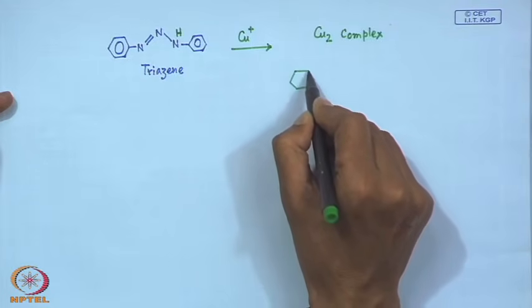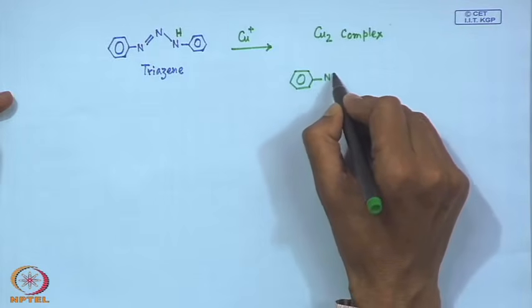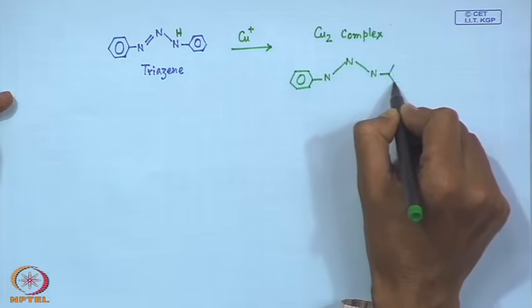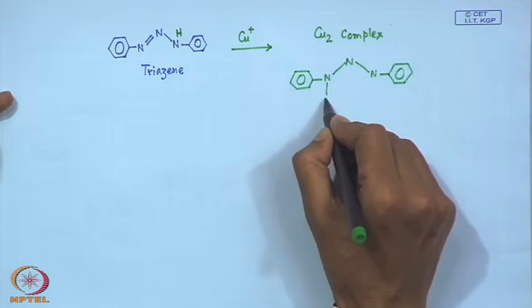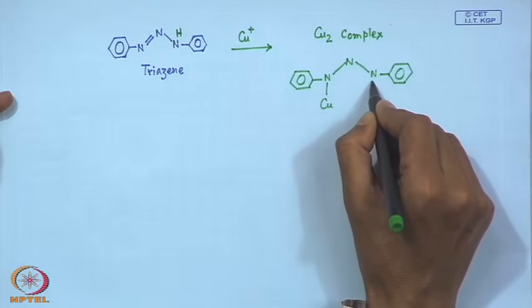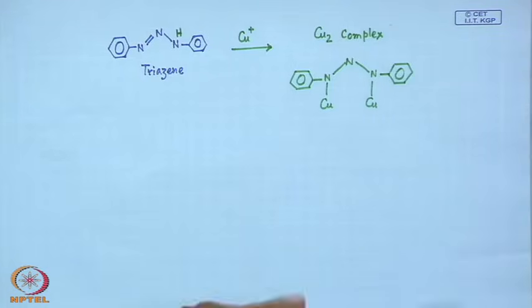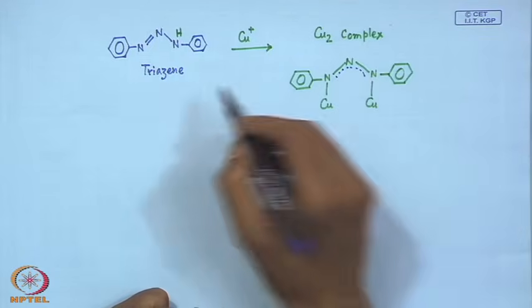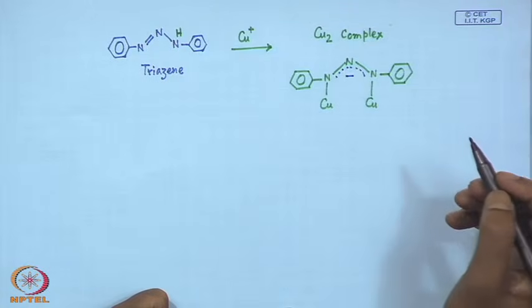where this nitrogen will bind to one copper and this will bind to another copper. And through deprotonation of this hydrogen, we have a negative charge on this.